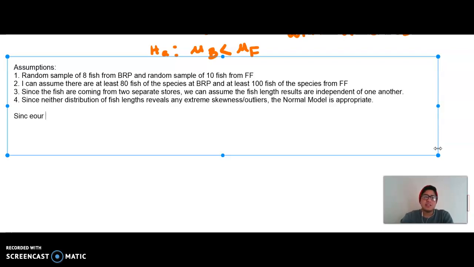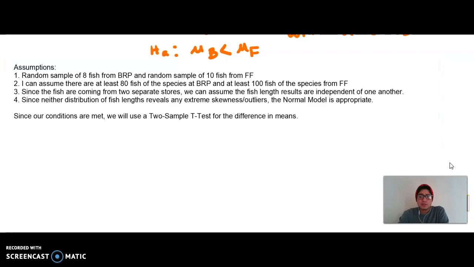And since our conditions are met, we will use a 2-sample t-test for the difference in population means.